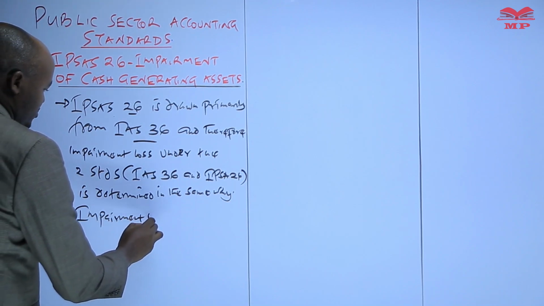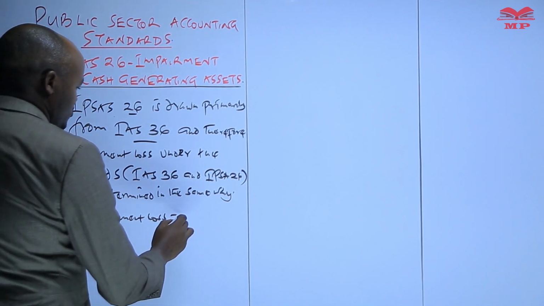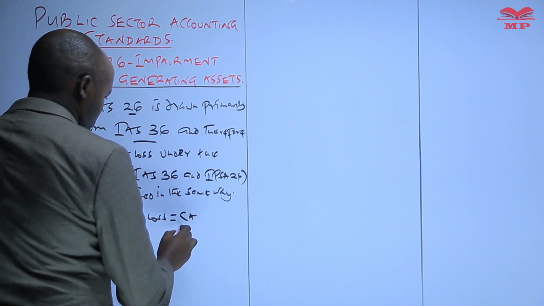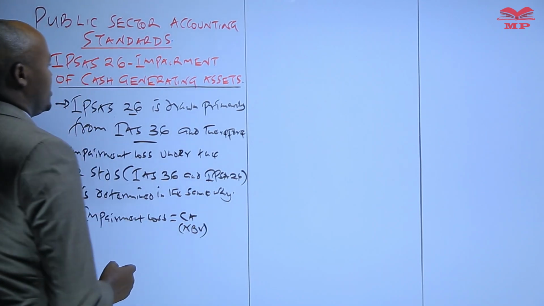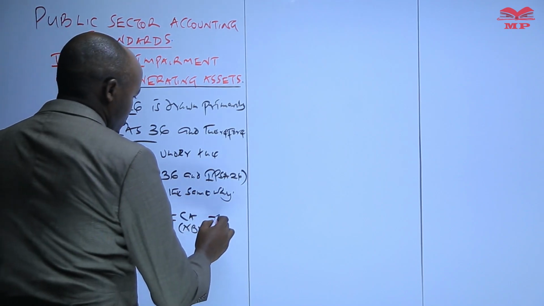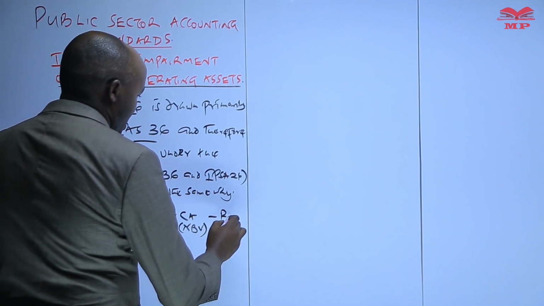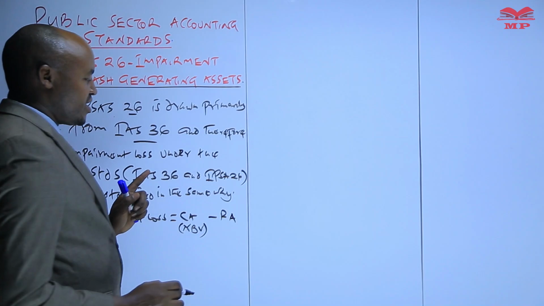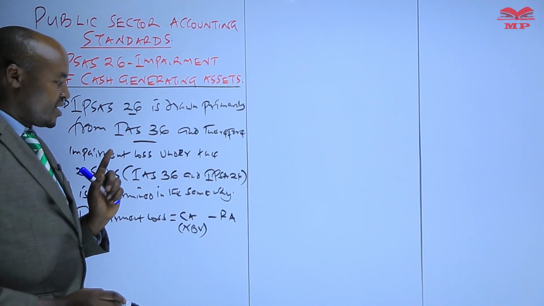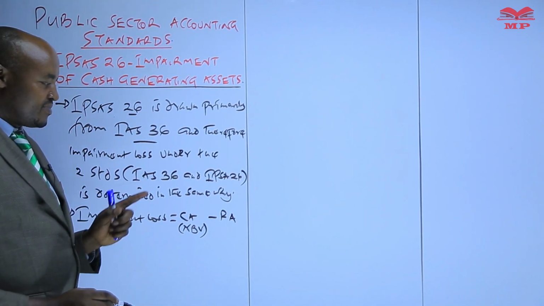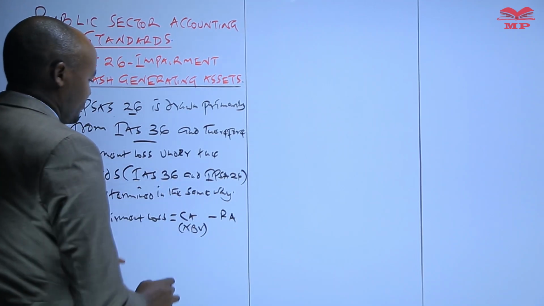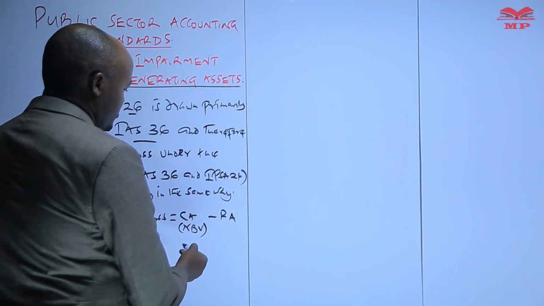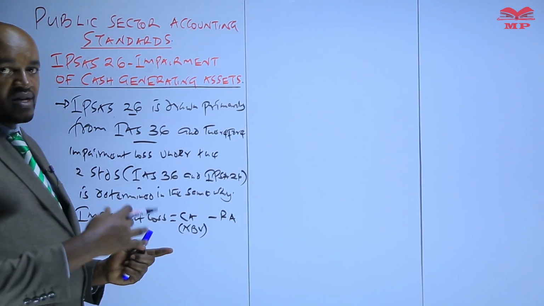So the impairment loss in this case is always equal to the carrying amount of an asset, or basically the cash generating asset, and then to this we subtract something called the recoverable amount. So we don't use the words recoverable service amount as we were using under IPSAS 21, but here we talk of recoverable amount. So the carrying amount or the net book value is determined in the same way.